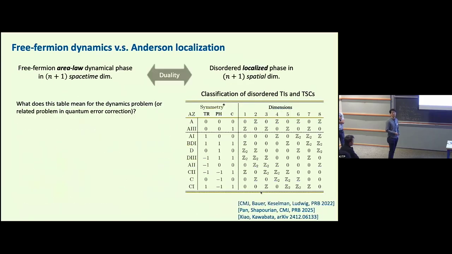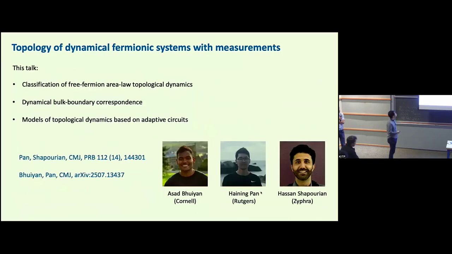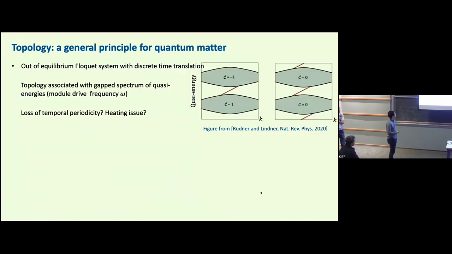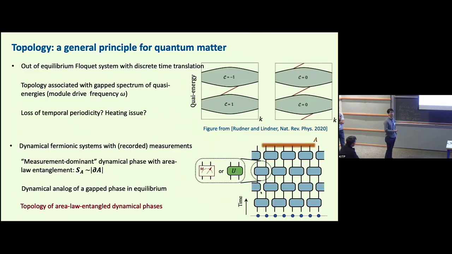Okay. So previously, we have to go pretty far. In this type of system, with Floquet systems, people do realize that there's something that goes beyond just equilibrium topology. But those structures do rely on having a temporal periodicity. And yeah, it's a very good question. Whether or not I can have something that is so esoteric, with measurement, that has no relation with equilibrium topological phases, I don't know.